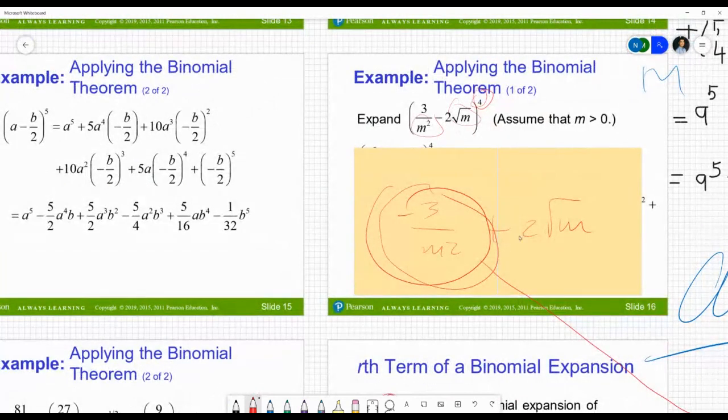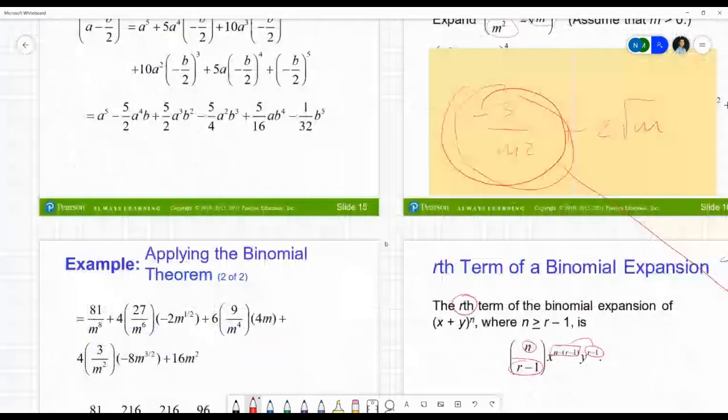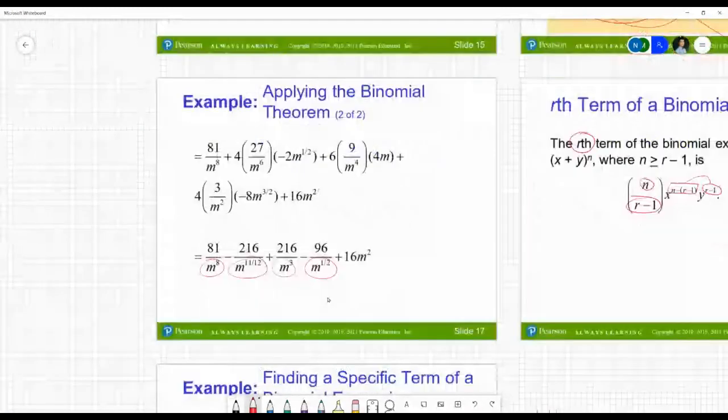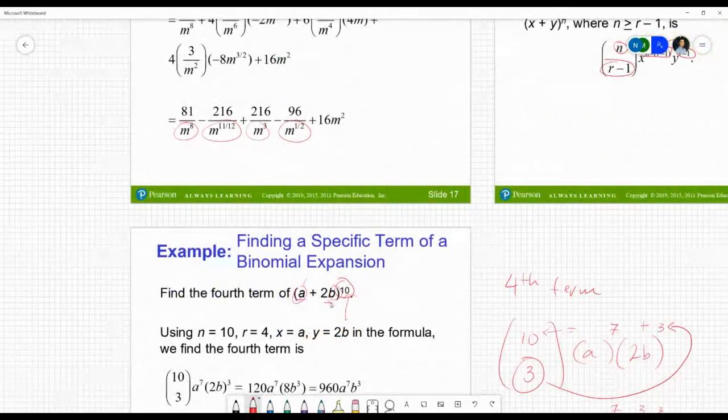That will not work because, as you can see, after you finish everything, it's very difficult to determine what is the a term and what is the b term. So this only works if this is nice and simple like this. If not, then you have to work all of it. You have to expand it using this here.